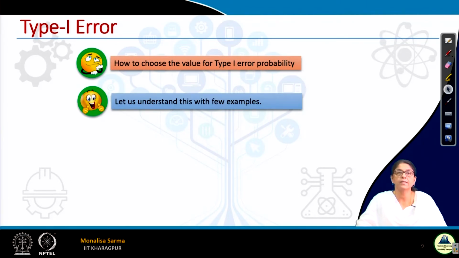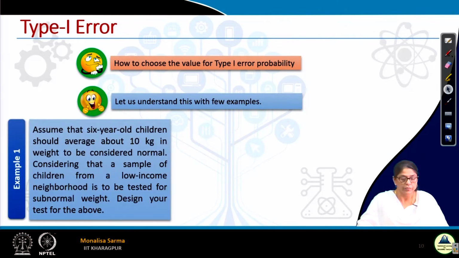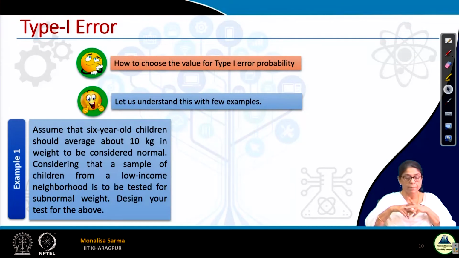So we will understand this with a few examples. First, consider this case. Assume that 6-year-old children should on average weigh about 10 kg, and that is considered normal. Consider that a sample of children from a low income neighborhood is to be tested for subnormal weight.